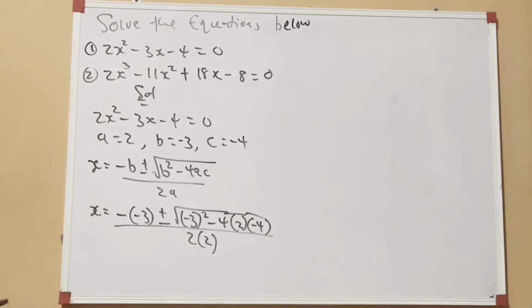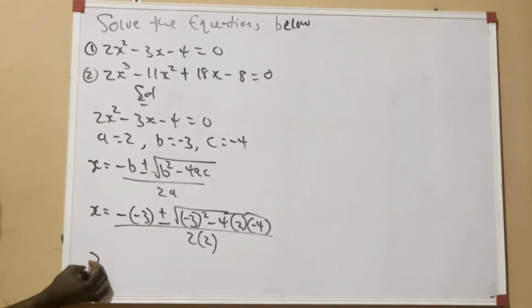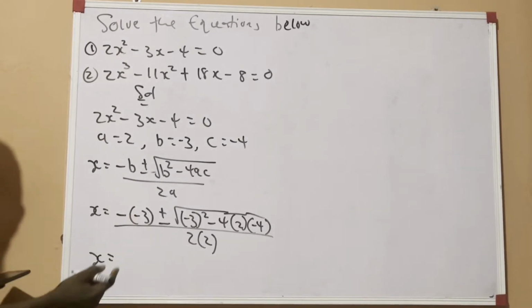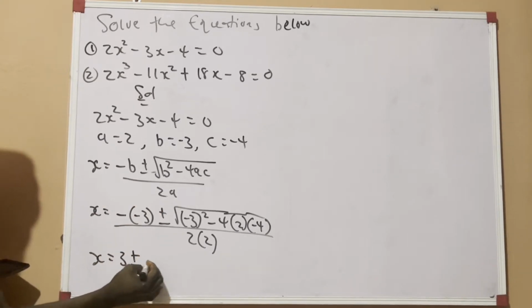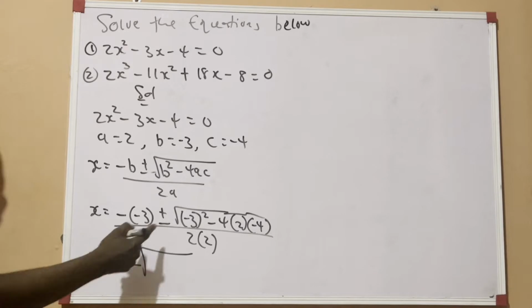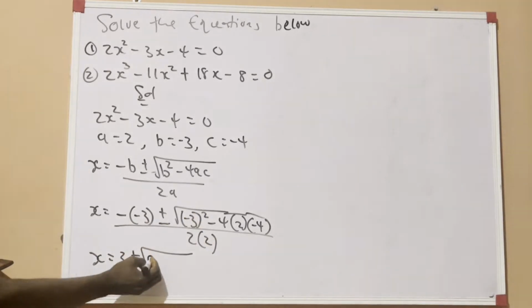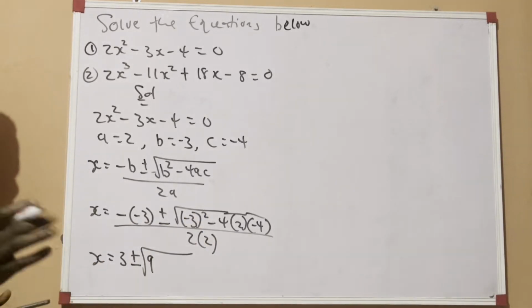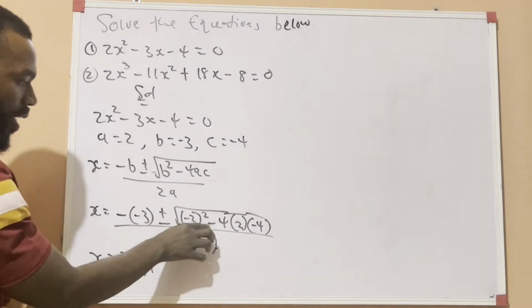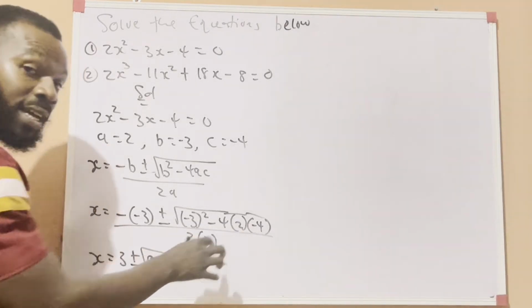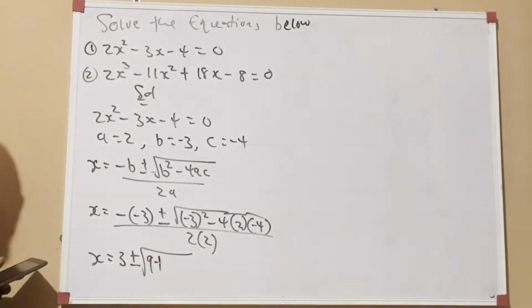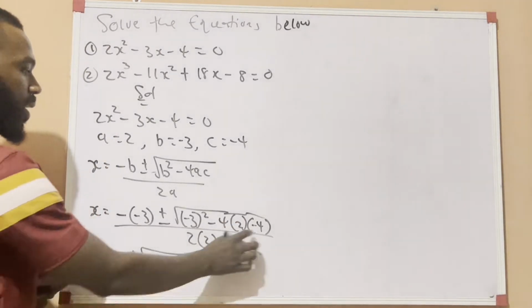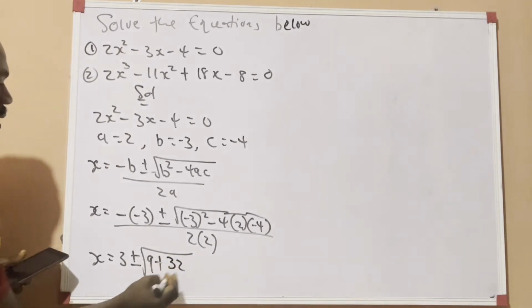All right, so let's proceed. X becomes, now negative sign times negative sign gives us a positive 3 plus or minus square root of negative 3 raised to the power 2 gives us a positive 9 because minus 3 times minus 3 is positive 9. Now I have a negative sign here and I also have a negative sign here. Minus times minus gives us plus, and 4 times 2 gives us 8 and 8 times 4 gives us 32.